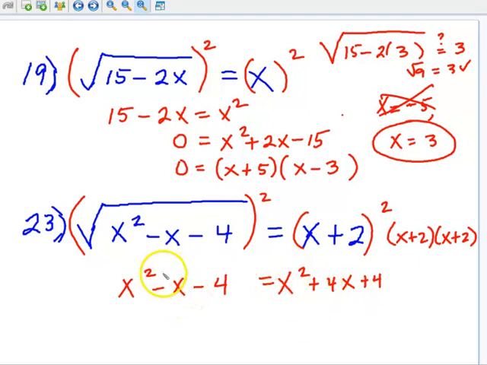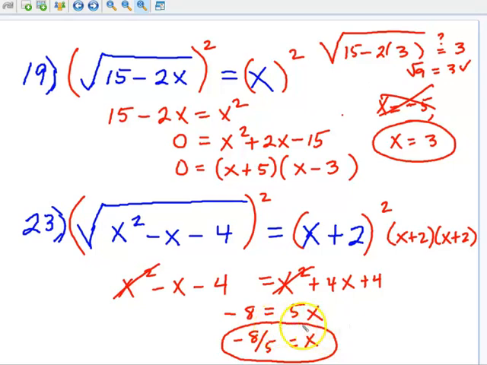All right, when I subtract x squared from both sides, they're just going to cancel. So I'm going to add x to both sides, and then subtract 4 from both sides, and then divide by 5 on both sides. I don't want this video to get too lengthy, but you now want to plug in negative 8/5.